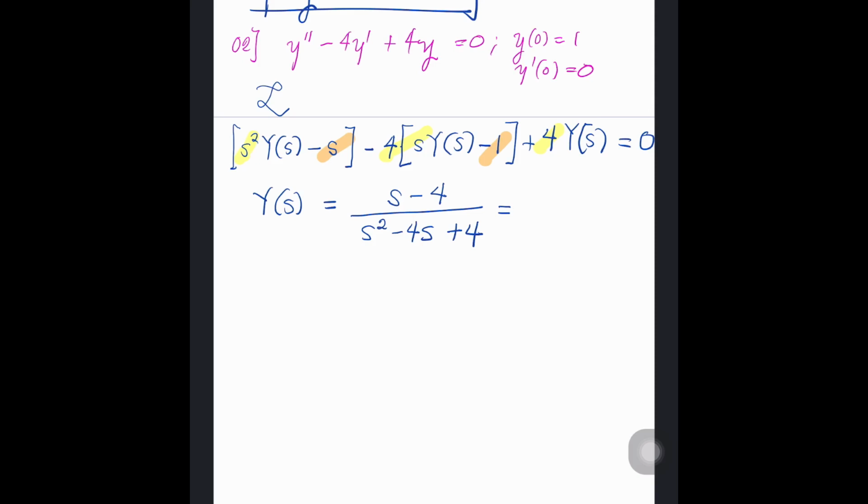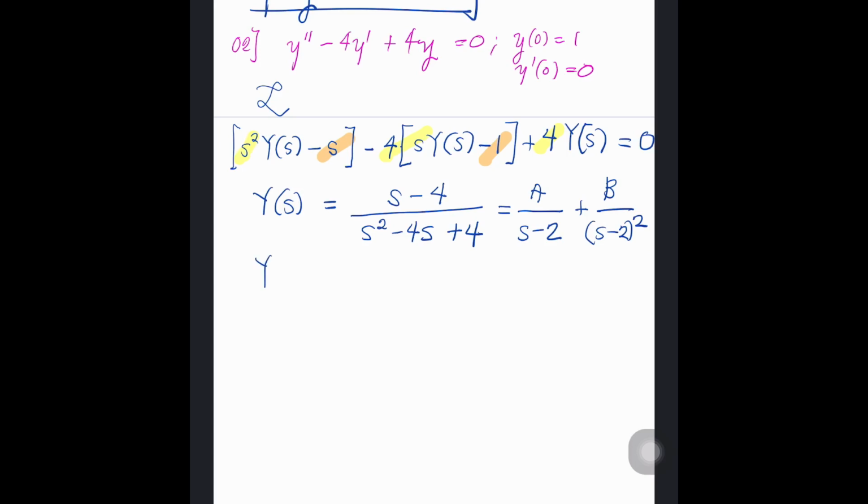So we designate A over s minus 2 plus B over s minus 2 quantity squared. That is the formula for the repeated case, case number 2.